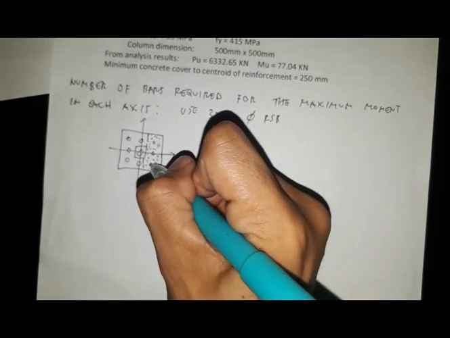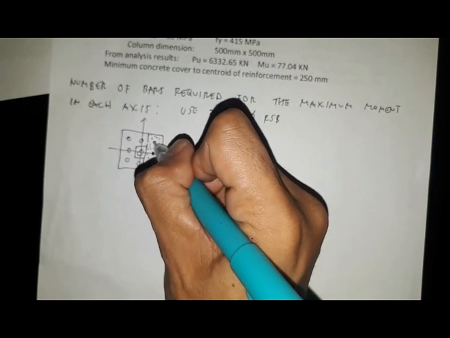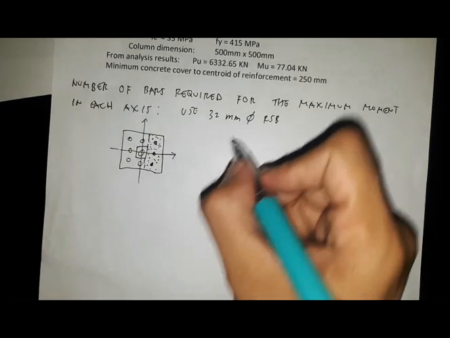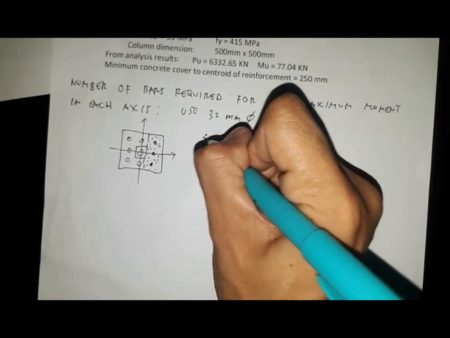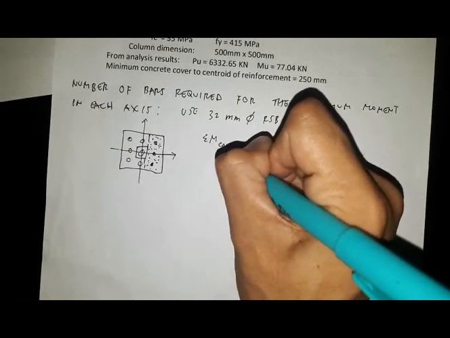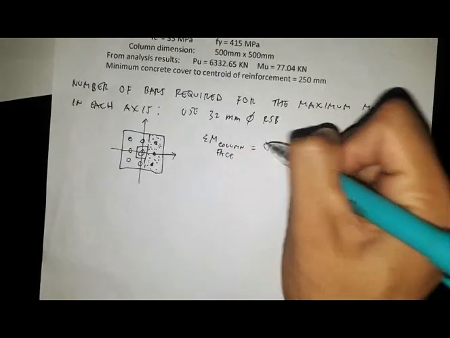So now, these are your piles. So summation, let's do summation of moment on the column face equal to 0.